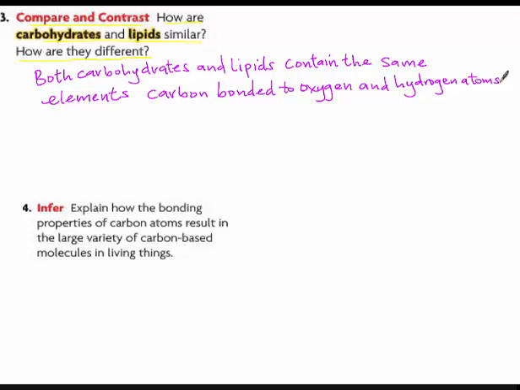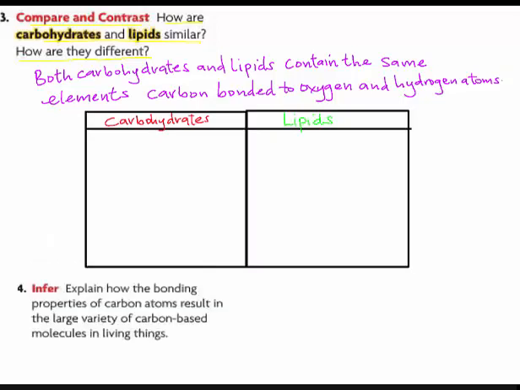Let's look at the differences. Here we have carbohydrates and here we have lipids. Lipids normally are non-polar molecules.